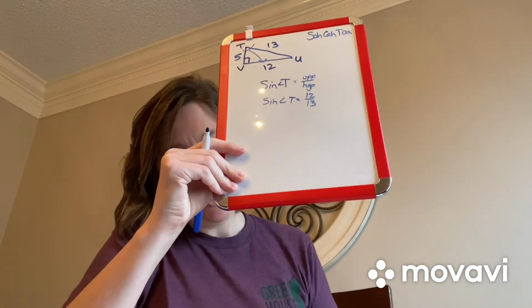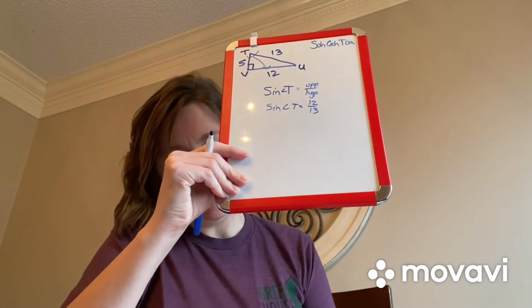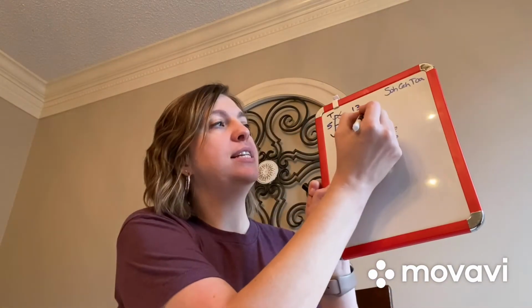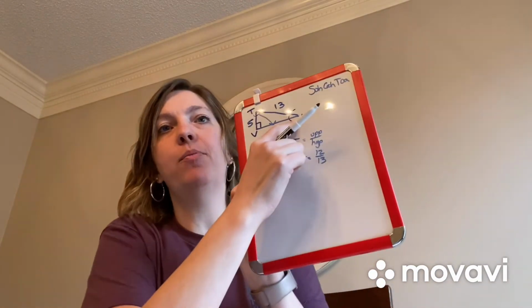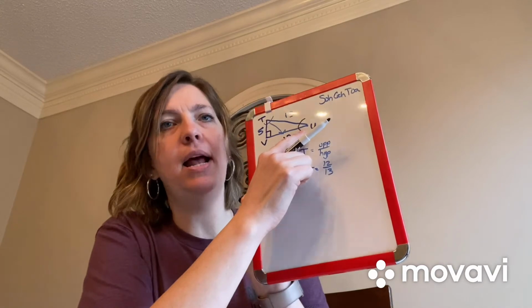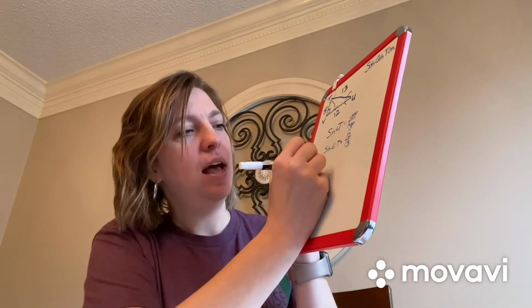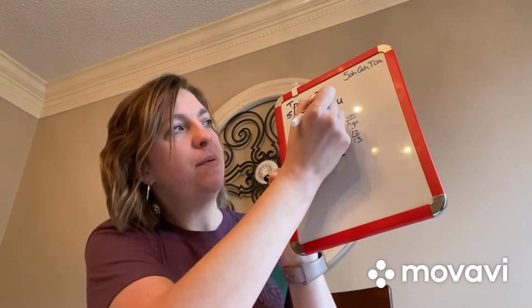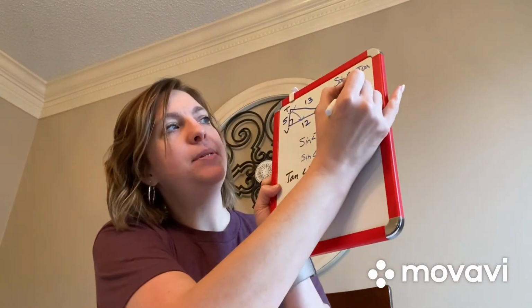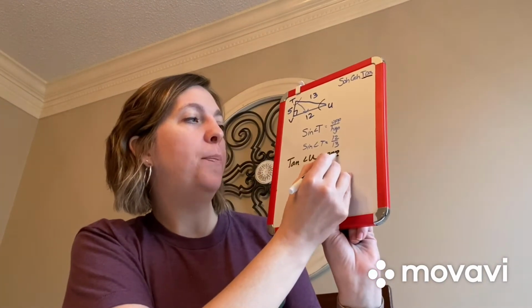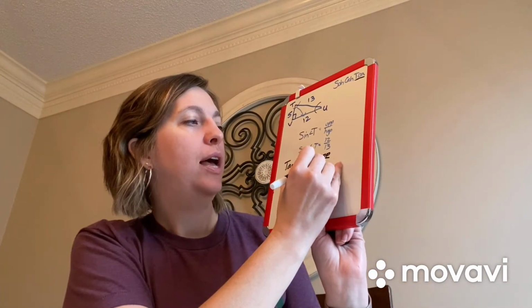Letter B, what is the tangent of U? Well, now let me get a different color so that we're not getting confused. If I'm asking what the tangent of U is, I'm standing at a different place. My perspective changes, right? I'm standing at U. So it's asking me what's the tangent of angle U. Tangent is opposite over adjacent.